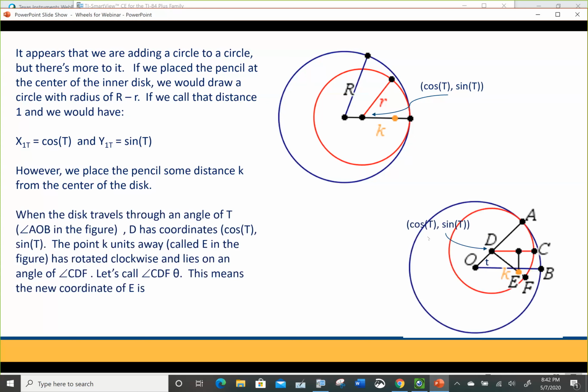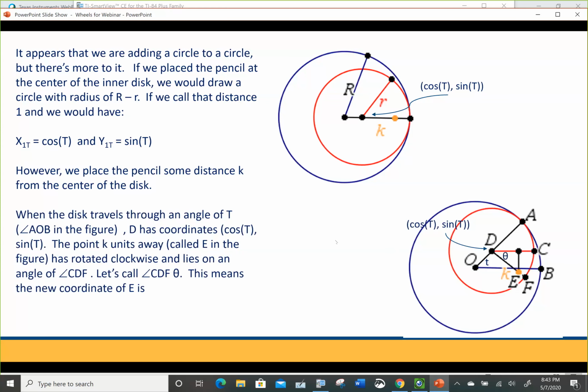The point k units away, and that's this point, it's now called E in the figure, and it rotated clockwise. As this went around, k actually went backward. It rotated clockwise, and it lies on an angle of CDF. I'm right now just going to call CDF theta.